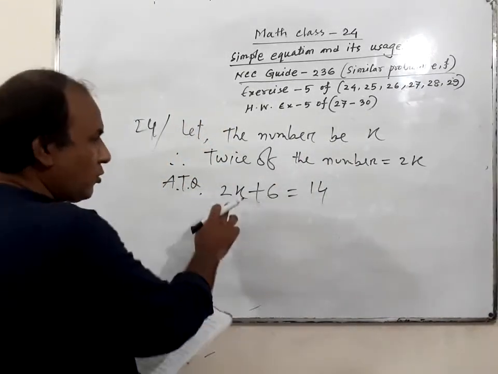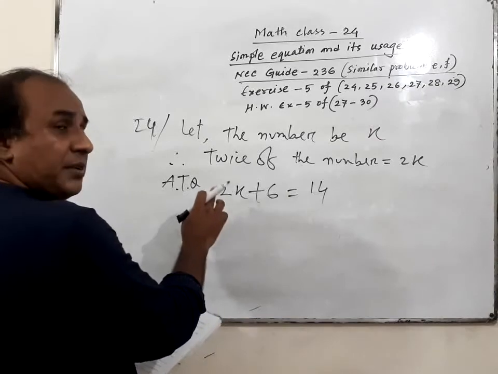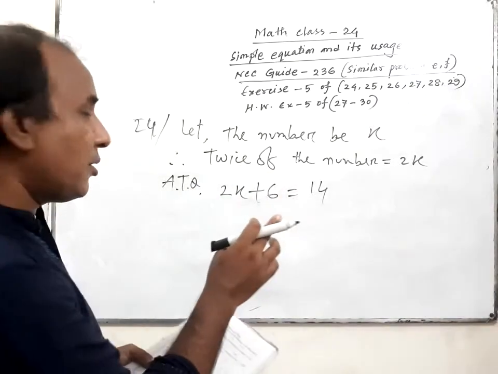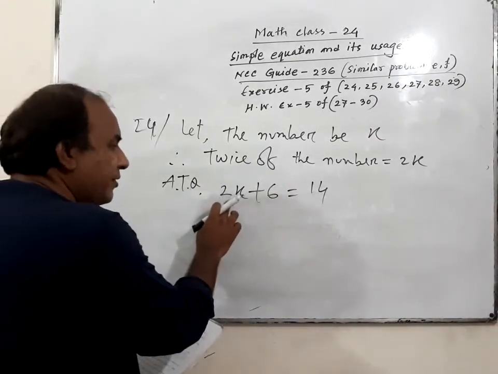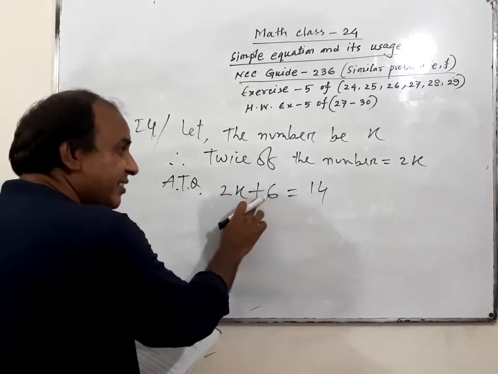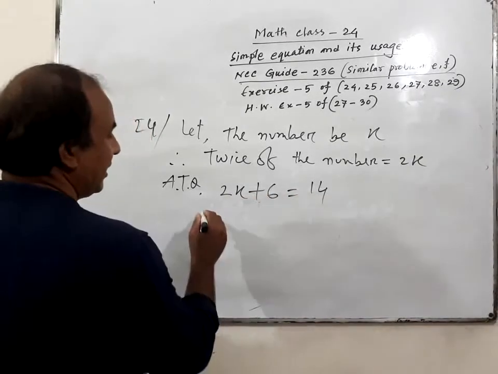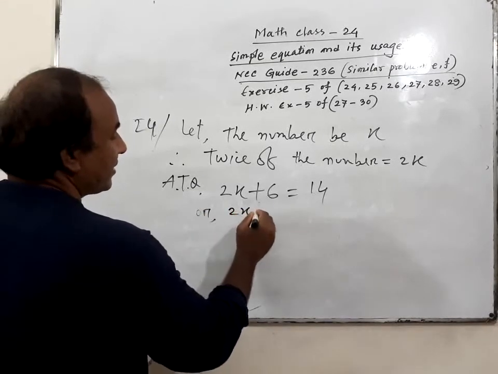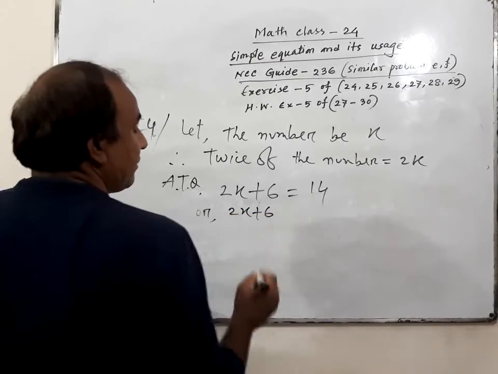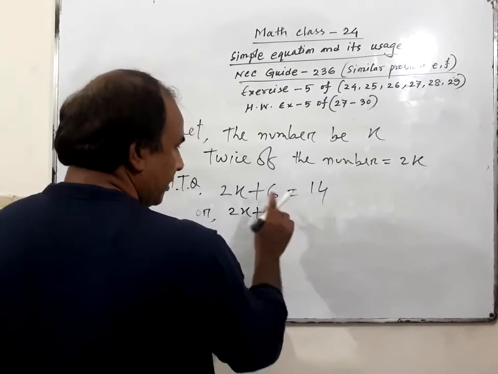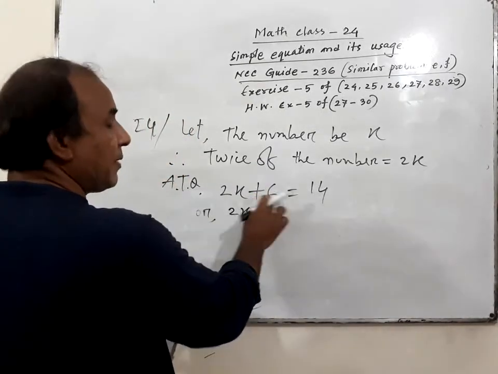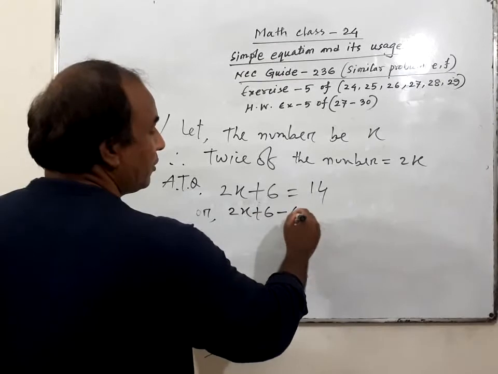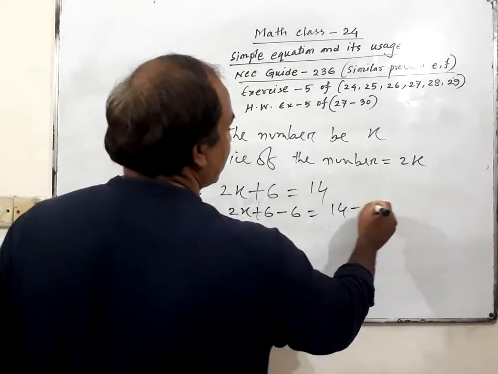So let the number be x, twice the number is 2x. According to the question, 6 is added to twice a number, so twice the number is 2x, 6 is added, equal to 14. Now we are going to solve. So 2x plus 6. We have to subtract 6 from both sides.